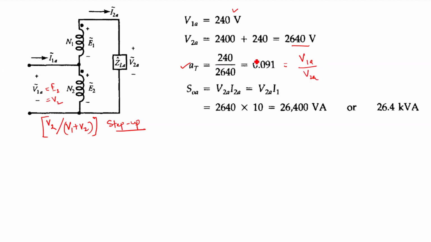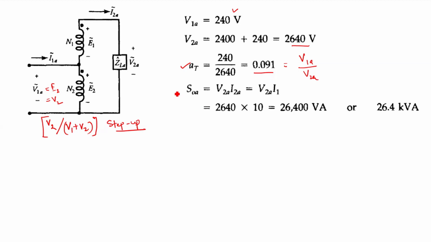So V1A is 240 and V2A is 2640. Dividing it, I'll find 0.091, right? This is a step-up transformer, therefore the transformation ratio should be less than 1.